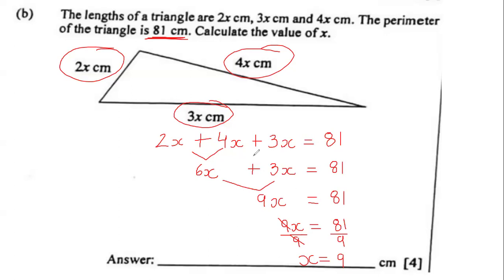Then we add the 6 plus 3, which gives us 9. We put 9 over 9 and 81 over 9. We cross out the 9 because 9 can go into itself. And we divide 81 by 9, which gives us 9. x is equal to 9. Very good. 81 divided by 9 is 9.